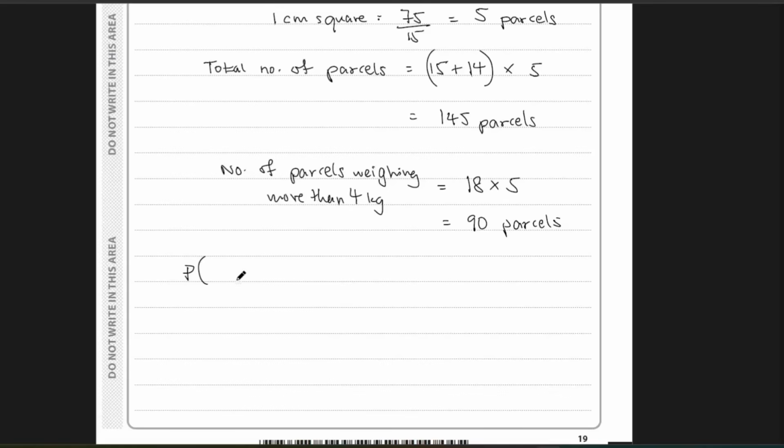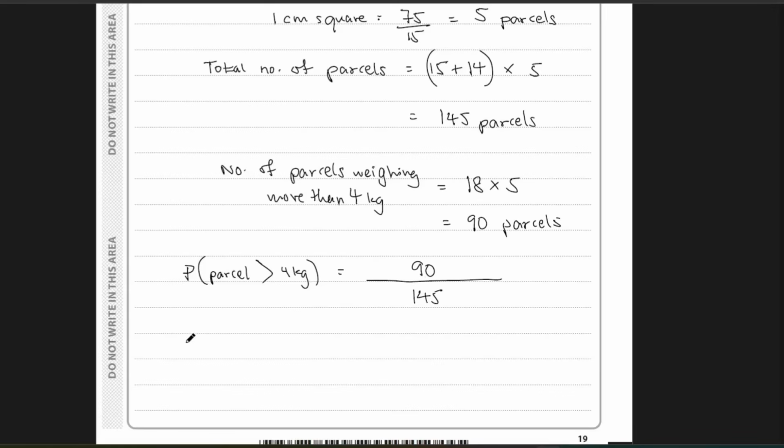Probability of picking a parcel greater than 4 kilograms would be, so probability is equal to number of desired outcomes divided by total number of outcomes. So total number of parcels is 145. Desired outcomes, meaning parcels weighing more than 4 kilograms, is 90. So 90 over 145 is the probability of picking 1 parcel.